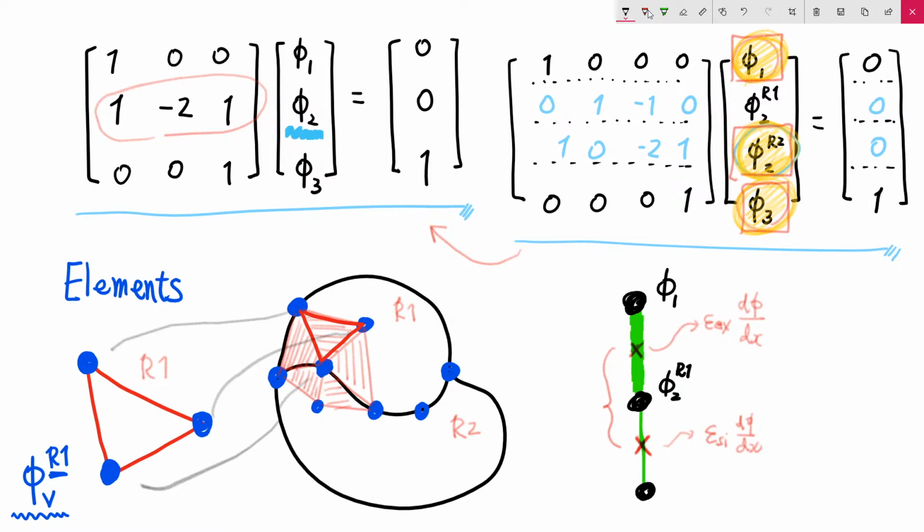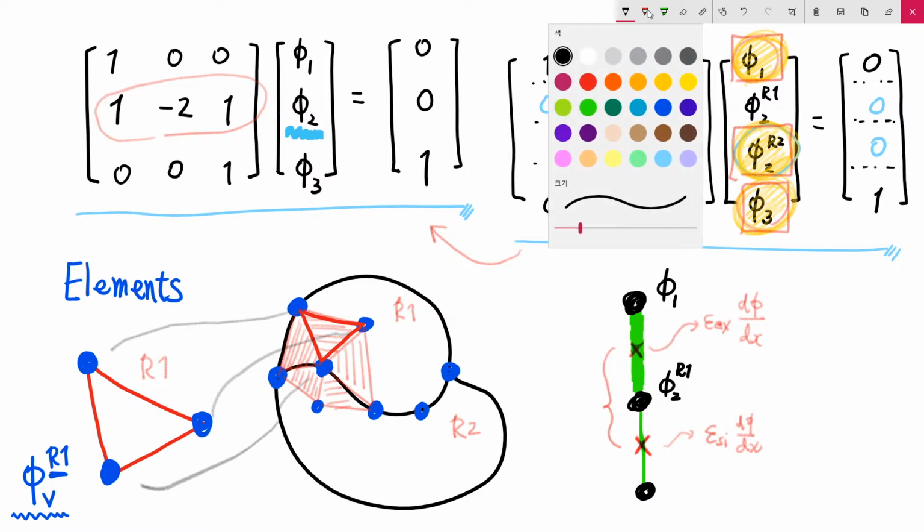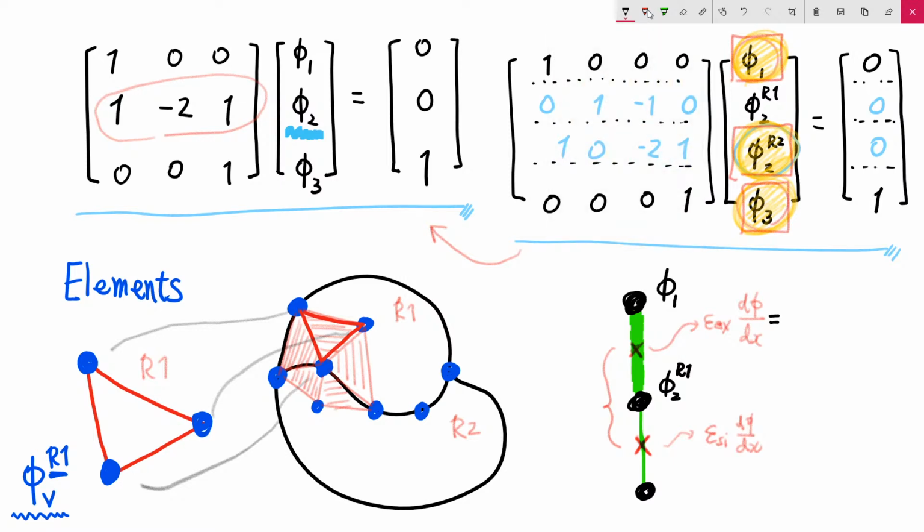So, unfortunately, if we discretize it in this way, for example, oxide x2 minus x1 and phi 2 r2 minus phi 1, then obviously this one is contributing to this minus 2 here.